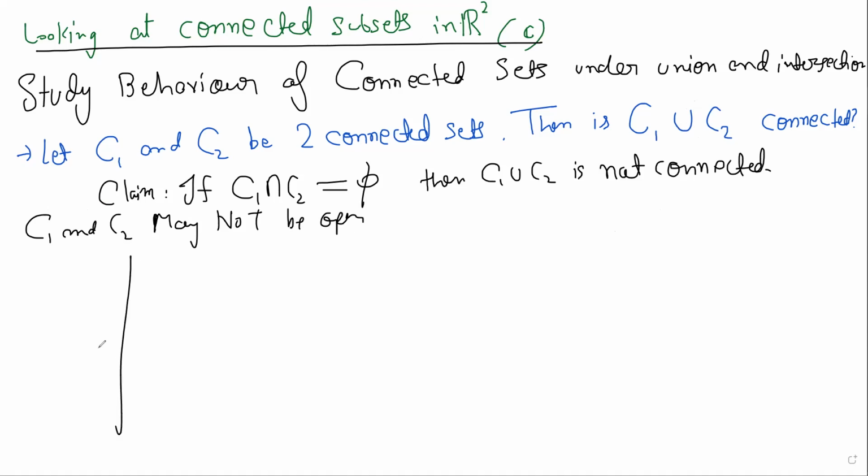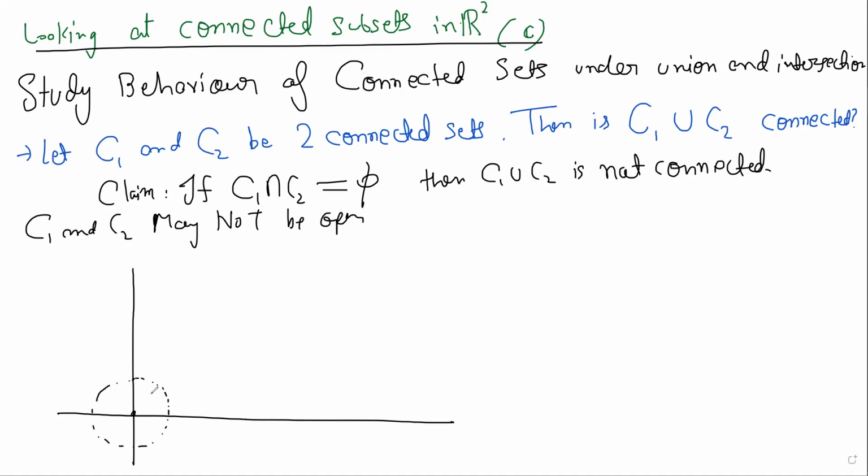If we take the situation like this, centered here, if you just take a ball, the interior of this, and then we take a ball here, suppose this is the origin and this radius is 1, and this is 2 comma 0 and this radius is also 1, and these are open, meaning that we're only taking the interiors.